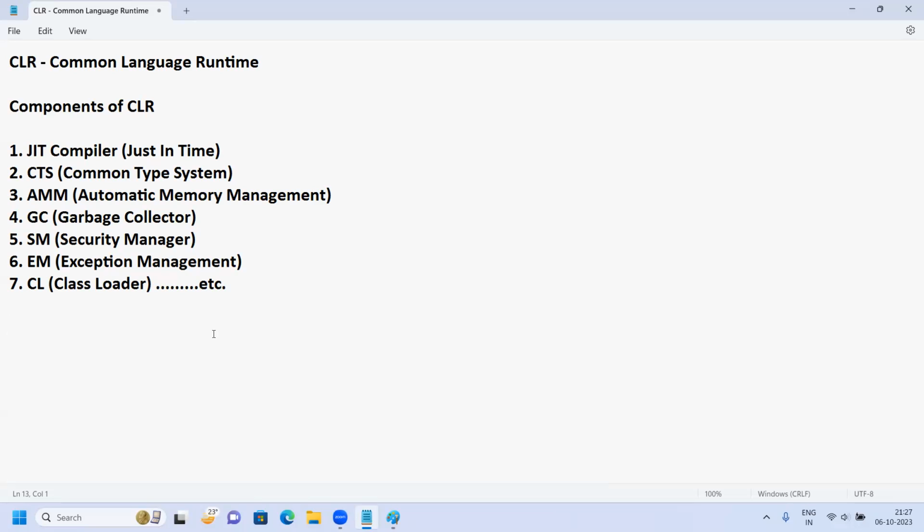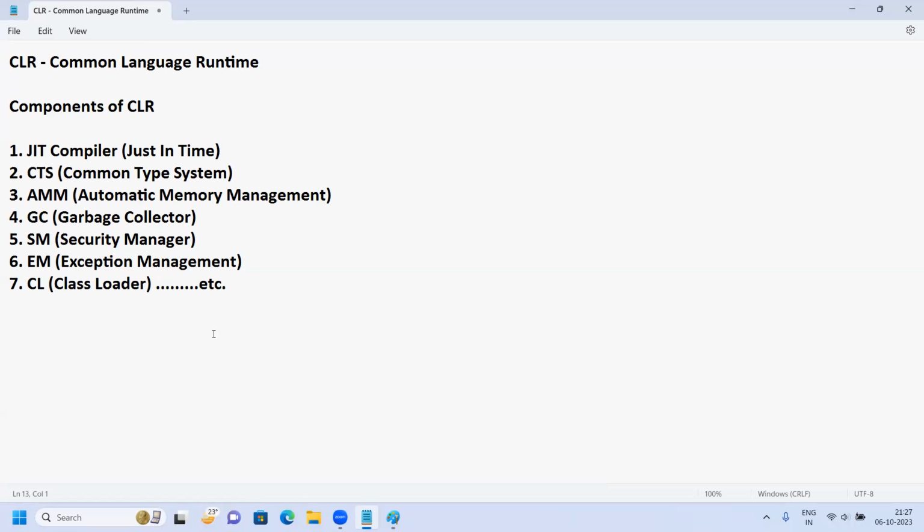In C and C++, both memory handling, that is memory allocation and memory deallocation, were completely in the hands of the programmer. C++.